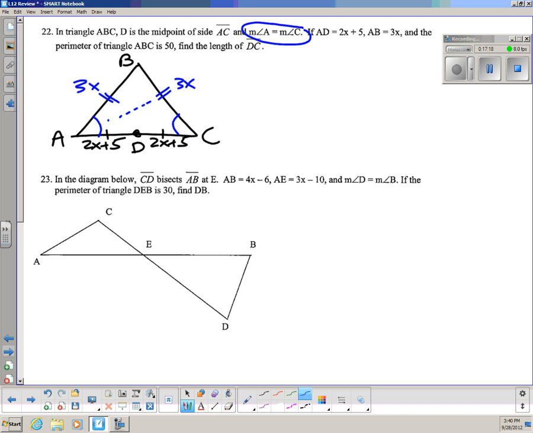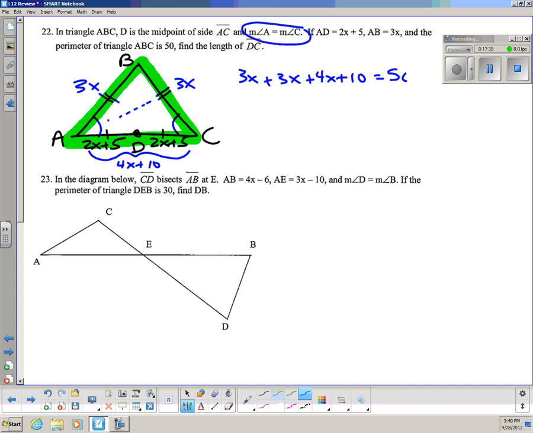So now I'm obligated to kind of add up all the sides of the triangle. So I have my 3x, and then the long side AC here is 4x plus 10. And that's equal to the perimeter of 50. So 3x plus 4x is 10x.